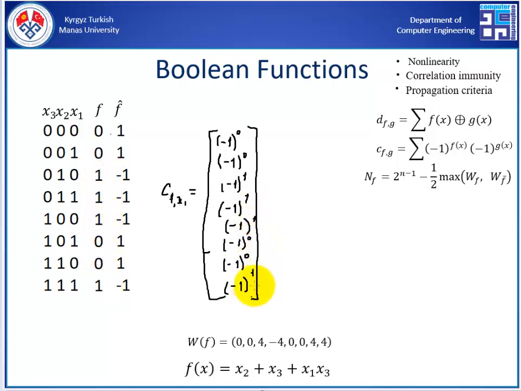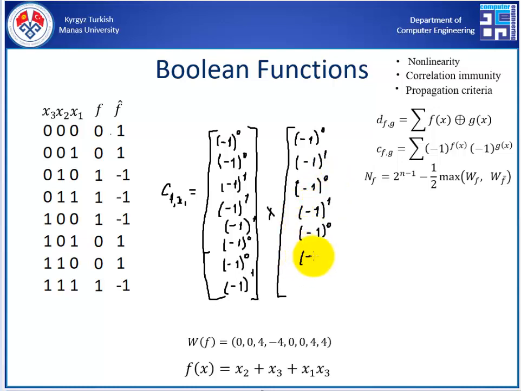In the same manner, we calculate the truth table for x1 elements. So we are going to have minus 1 to power 0, minus 1 to power 1, minus 1 to power 0, minus 1 to power 1, minus 1 to power 1, power 0, and the last element is 1.